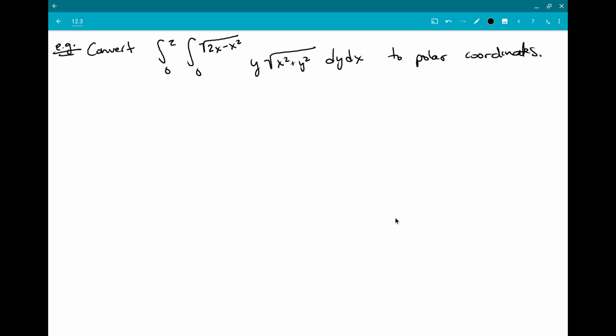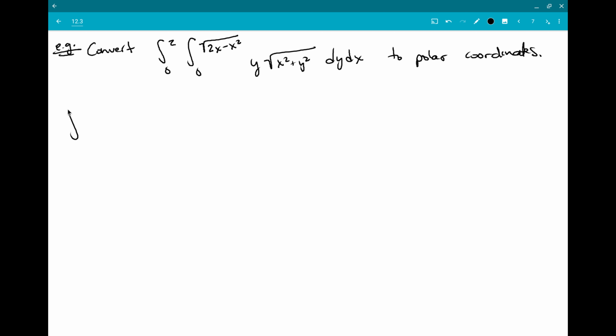Okay, so we would think that it makes sense to convert this to polar coordinates because I see x squared plus y squared. I see more x squared in here. Usually that tells me polar coordinates can make things a little bit easier for me.